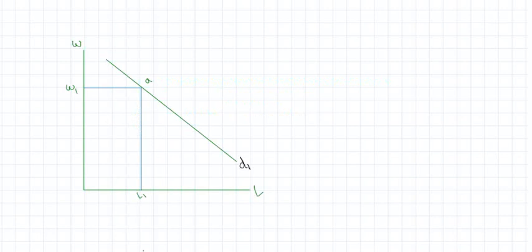So in the initial situation, we have plotted wage rate on y-axis and quantity of labor on x-axis. Here demand curve D1 is showing the demand curve of an individual firm for labor. Initially the wage rate which is given is W1, and at W1 wage rate L1 quantities of labor are being demanded.